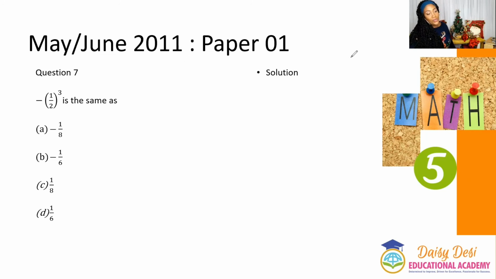So this is the May-June 2011 paper 1 question 7. We have negative a half cubed. Now if you realize the negative sign is outside of the brackets, so therefore the cube, which is the 3 on the top, only applies to what is in the brackets, okay? I just said that for negative a half cubed, the cube only applies to what is in the bracket because the negative sign is outside.